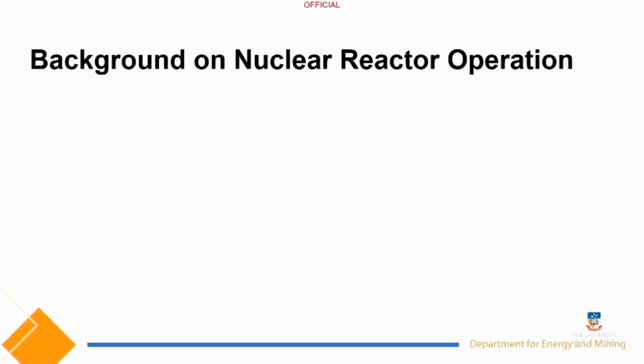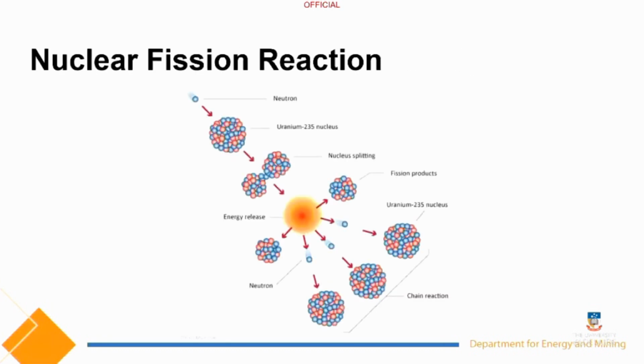I think it's important before I start talking in detail about the incident is just to give a bit of background on nuclear reactors and their operations. All nuclear reactors, as we know, the current operating ones, are fission reactors.